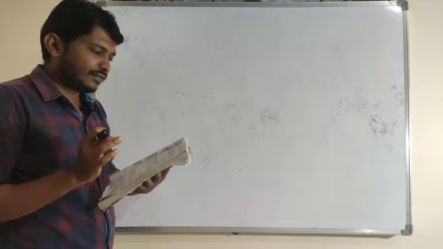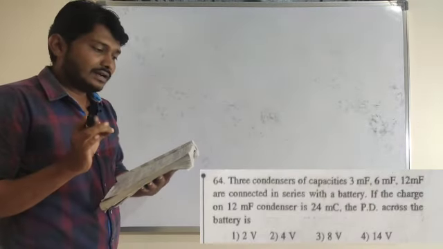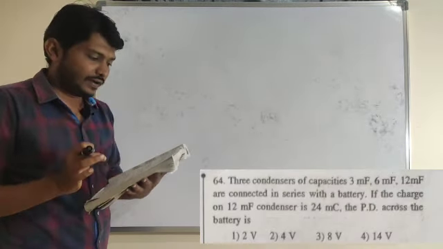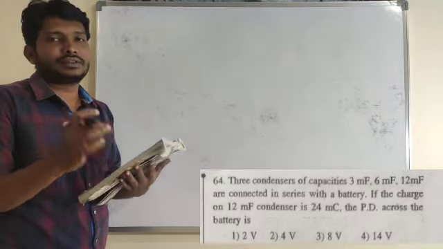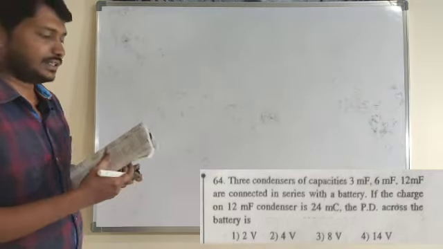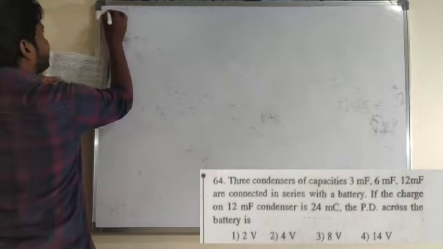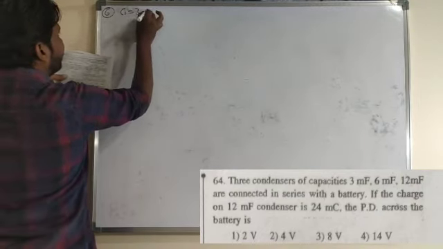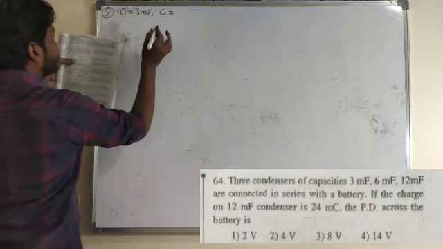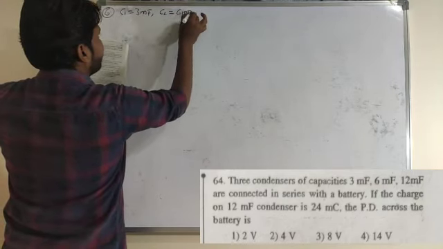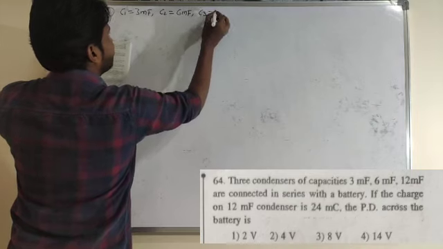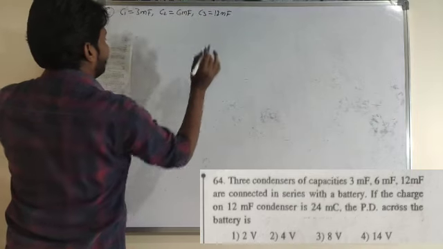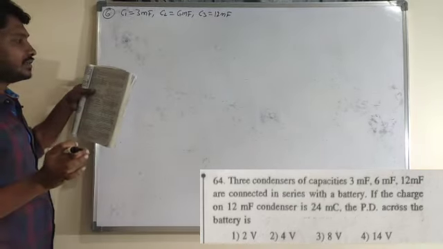3 condensers of capacity 3 millifarad, 6 millifarad and 12 millifarad are connected in series with the battery. So they mention that 3 capacitors are there and they are connected in a series combination. C1 is 3 millifarad, C2 is 6 millifarad, C3 is 12 millifarad, connected in series with the battery.